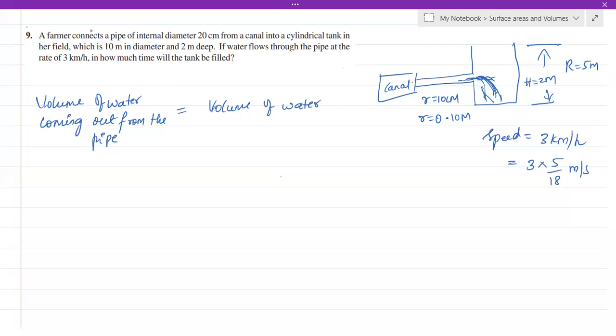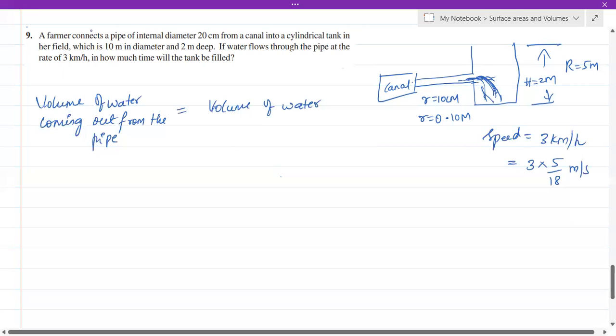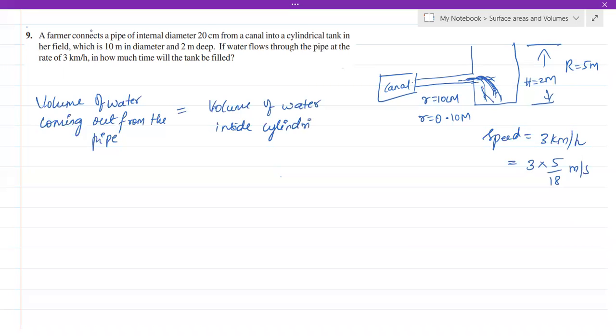Whatever water comes out of this pipe, that water will be in the cylindrical tank. So how much ever comes out, that will be in the cylindrical tank. So the volume of water coming out from the pipe will be equal to the volume of water inside the cylindrical tank.